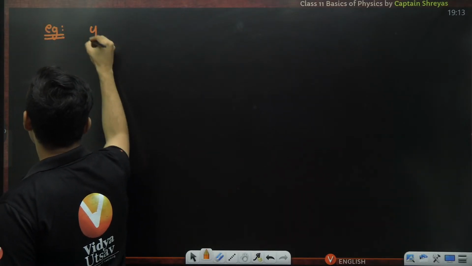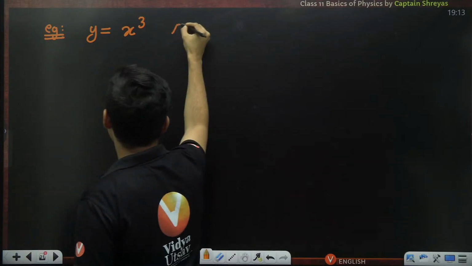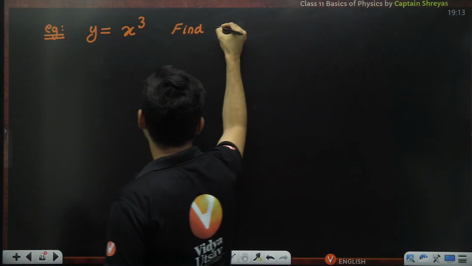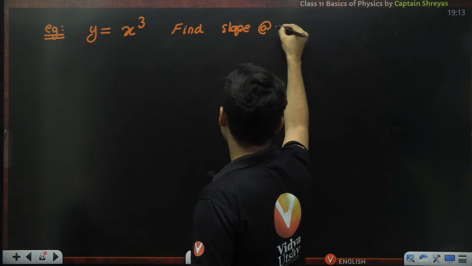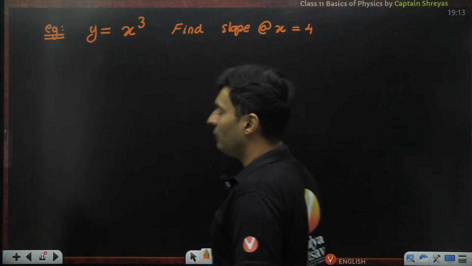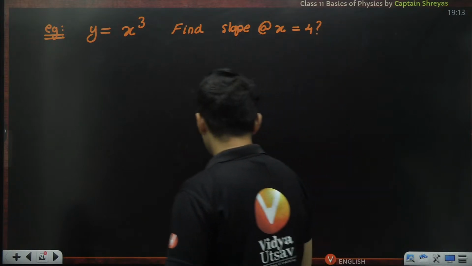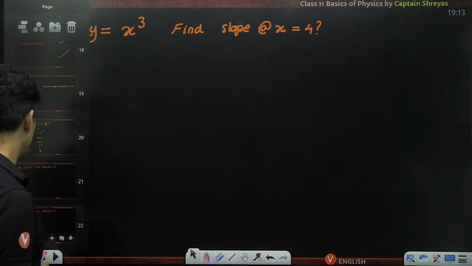If I tell you y is equal to x raised to 3 and I ask you to find the slope at x is equal to 4. Let's try to solve the question.